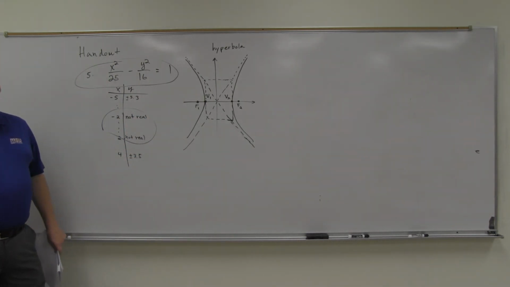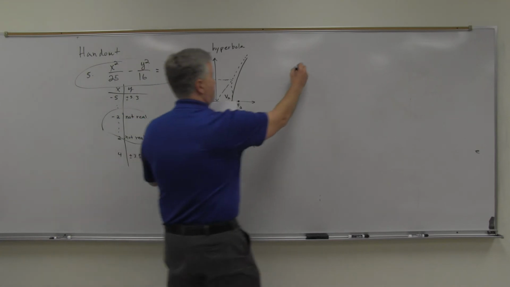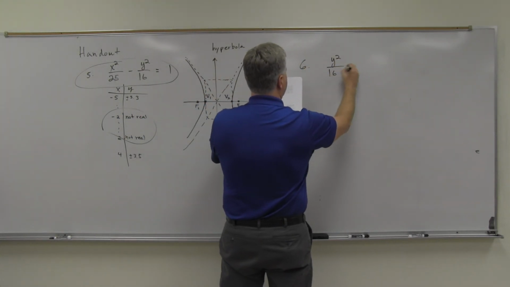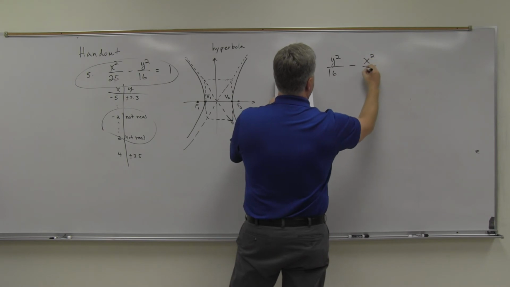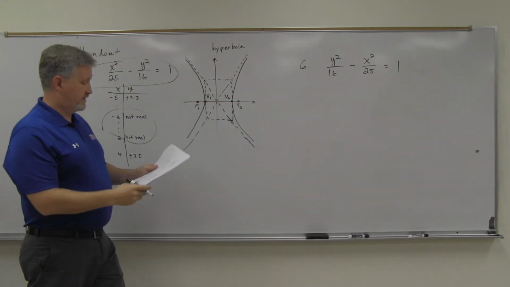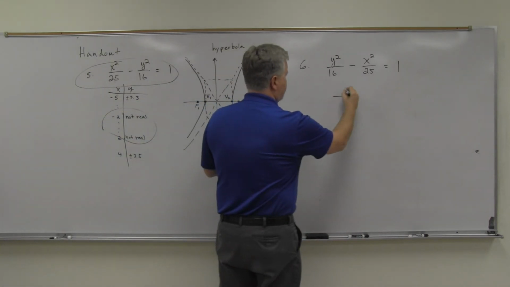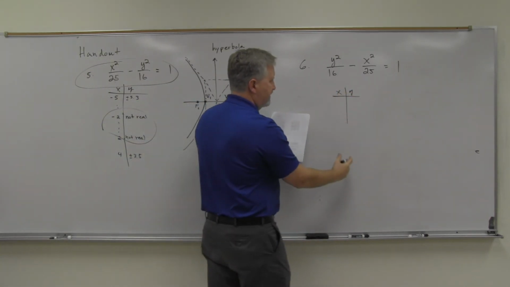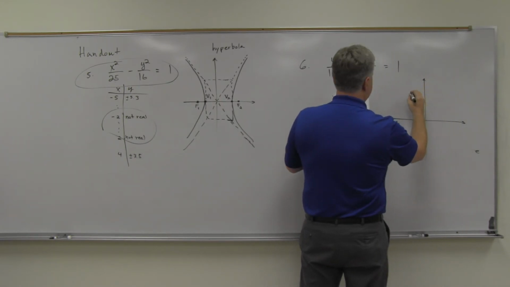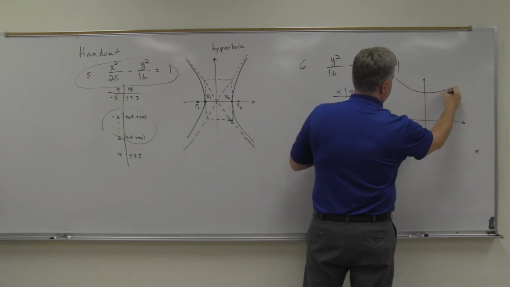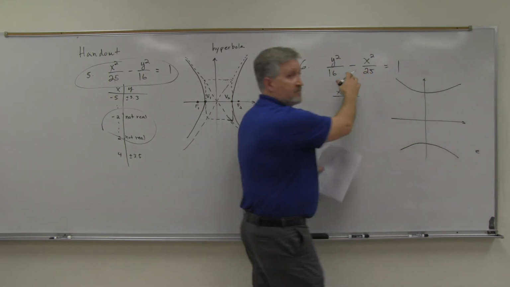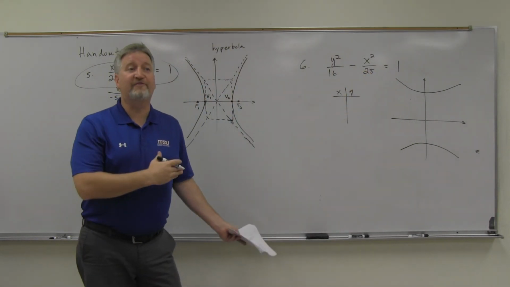So, all right. Now, what I mentioned on number 6 to finish up this handout is one really big thing here. If I do the table out, x and y values, here's what I get. If I graph all those points, I get a hyperbola because I've got the minus between them. But what's the difference?